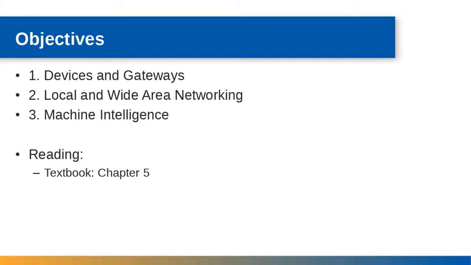Many of you should already know their names, for example Wi-Fi and Bluetooth, but we'll try to organize them into a knowledge system. And we'll talk about the role and importance of machine intelligence in IoT, because we have a lot of data in IoT, so we need to make use of it by using machine intelligence.